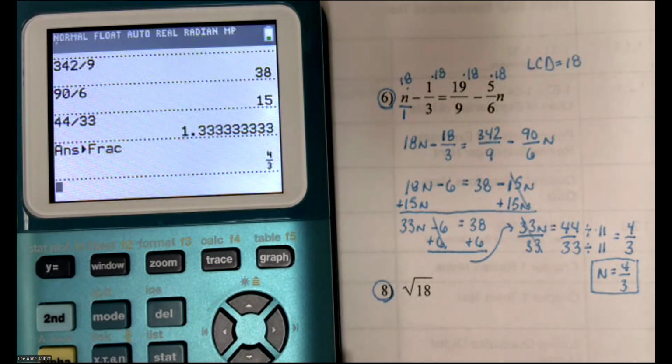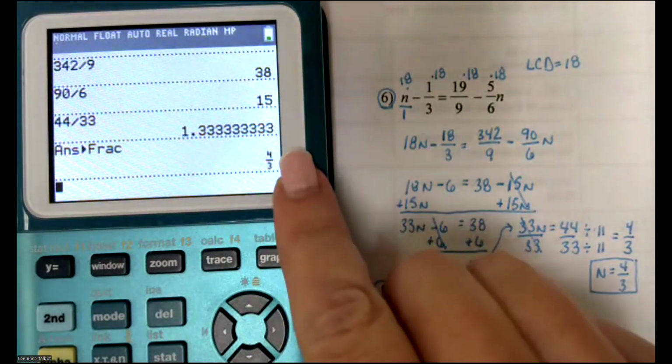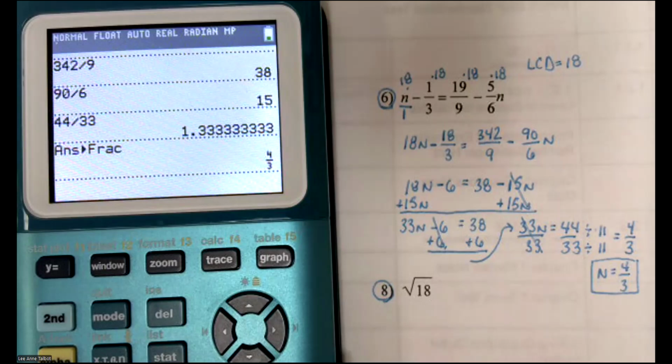Yay. Horrible decimal, very nice reduced fraction. And that's what I call math enter enter. And so math enter enter will be your new friend. Might be the best thing you learned today.